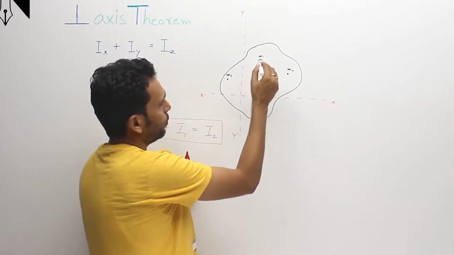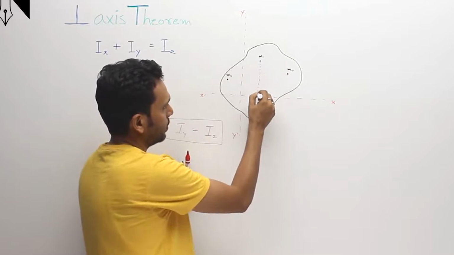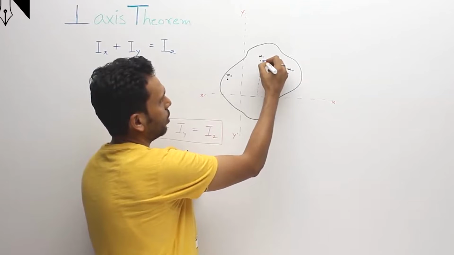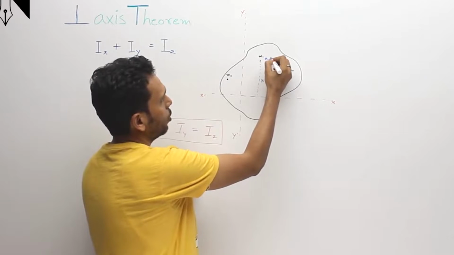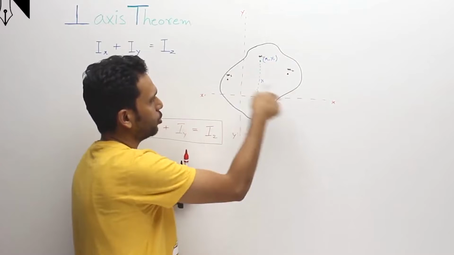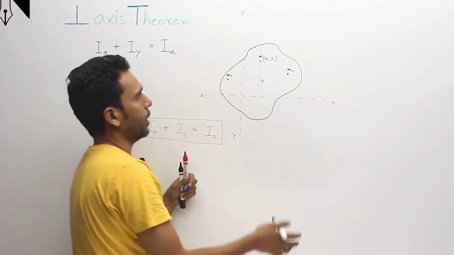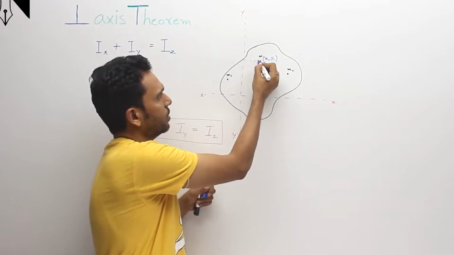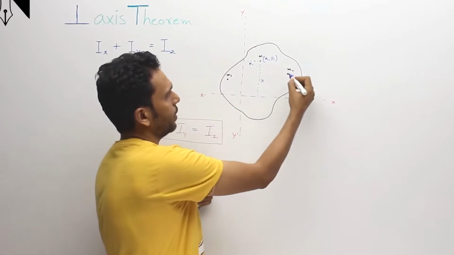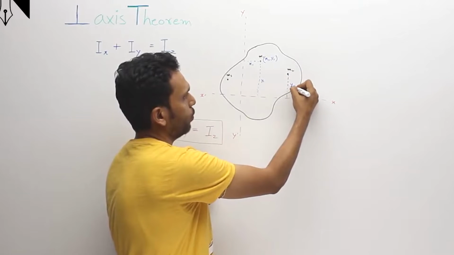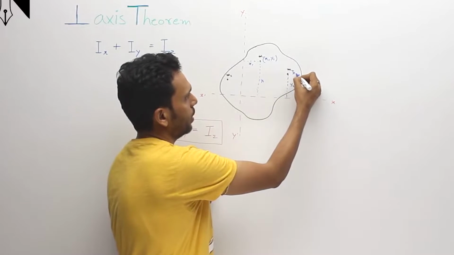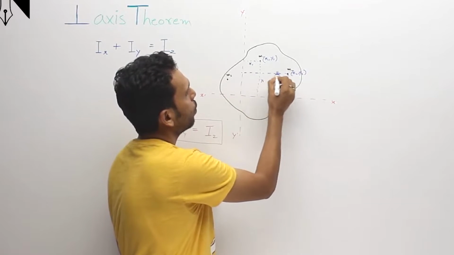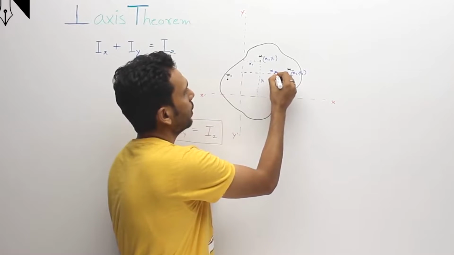Now the distance of m1 from the x-axis is say y1, because I am assuming the coordinate of this to be x1, y1. Because these two axes are perpendicular, they serve as good as a coordinate axis. So this distance is y1, this distance is x1. Similarly, this distance would be y2 if the coordinate is x2, y2, and that distance would be x2.